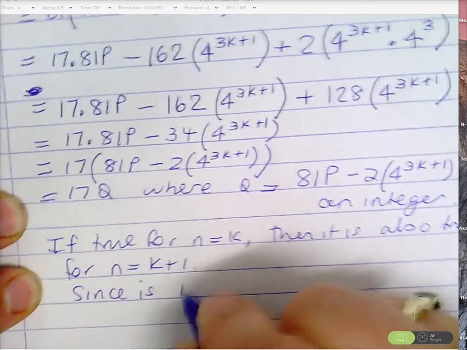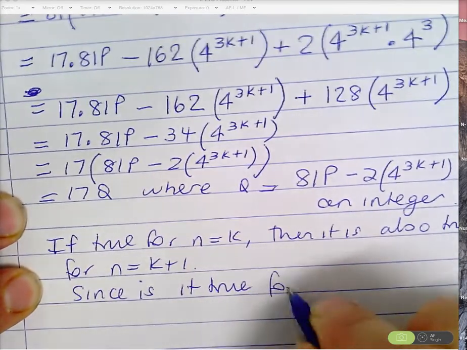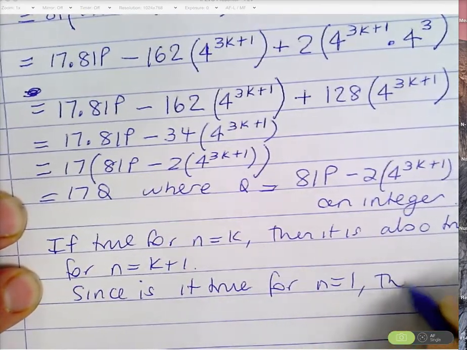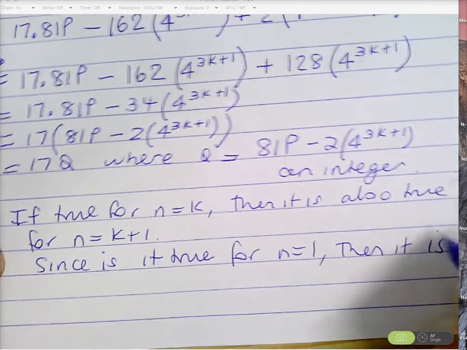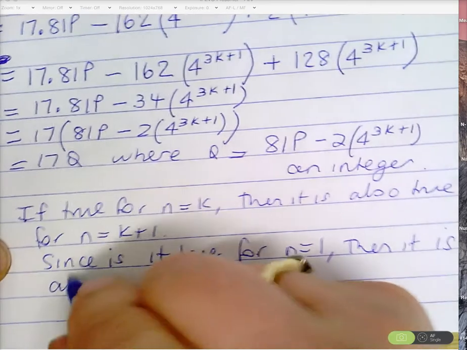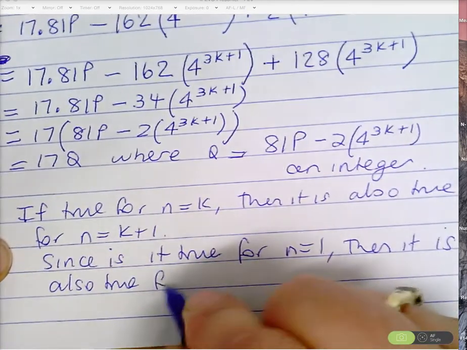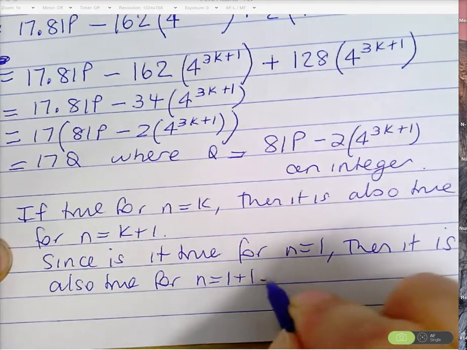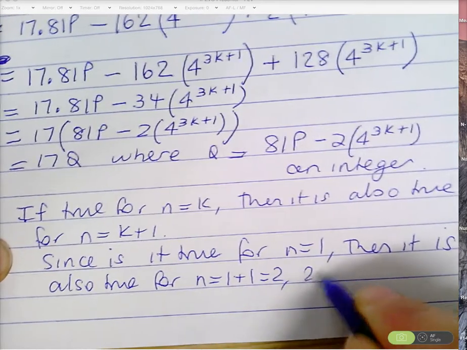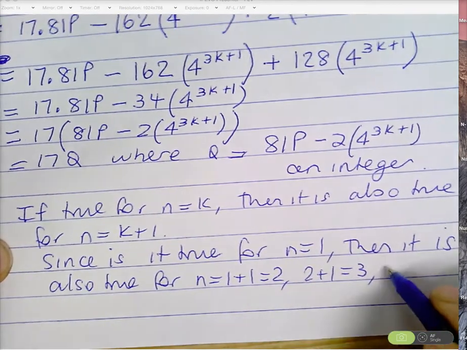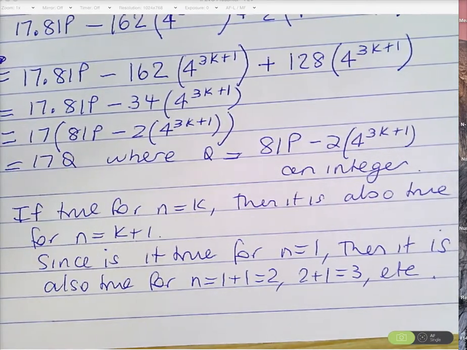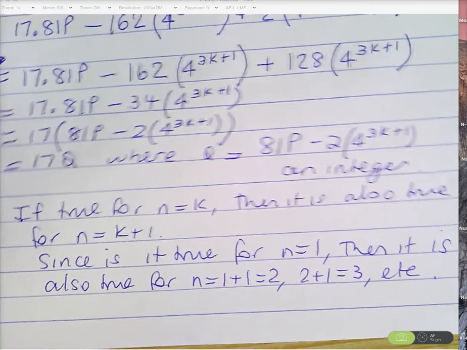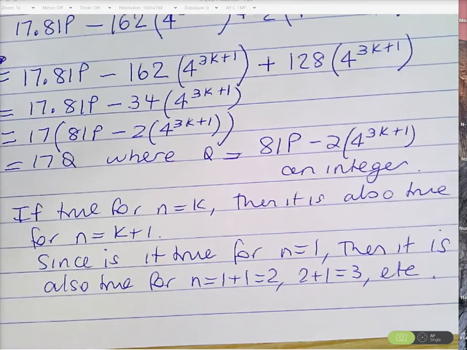Since it is true for n equals 1, then it is also true for n is 1 plus 1, which is 2, 2 plus 1, which is 3, etc. Alright? And so on. For a divisibility one, we've got the odd and the even type as well.